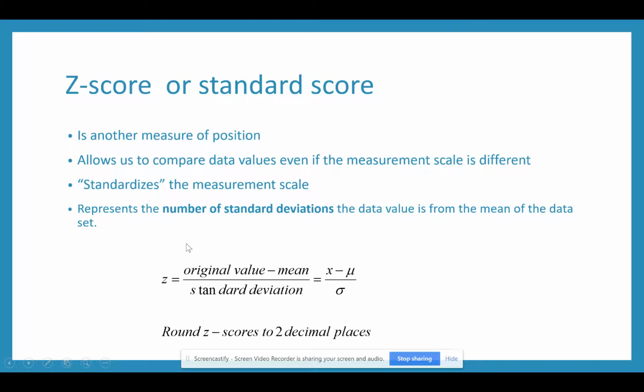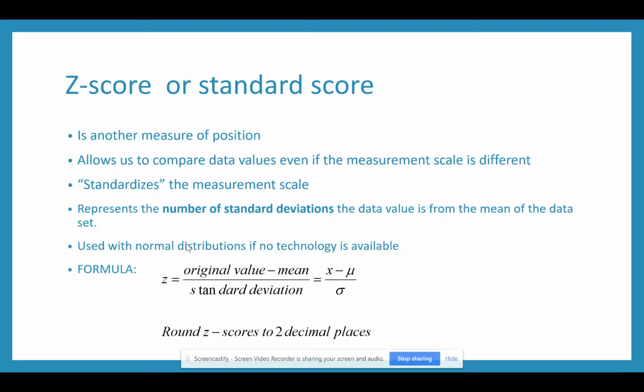Remembering the mean is the measure of center. So there's a formula for calculating the z-score, and we actually would use the z-scores or the standard scores when we begin talking about normal distributions in the next lesson.